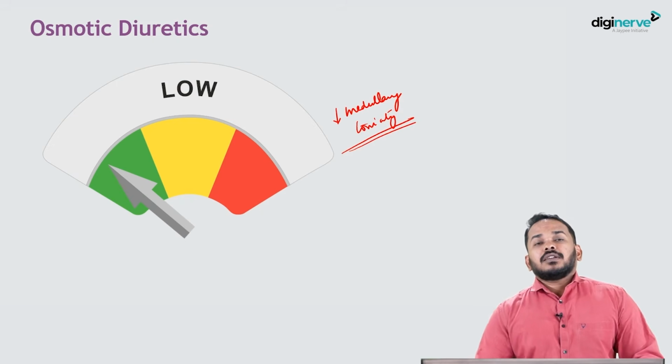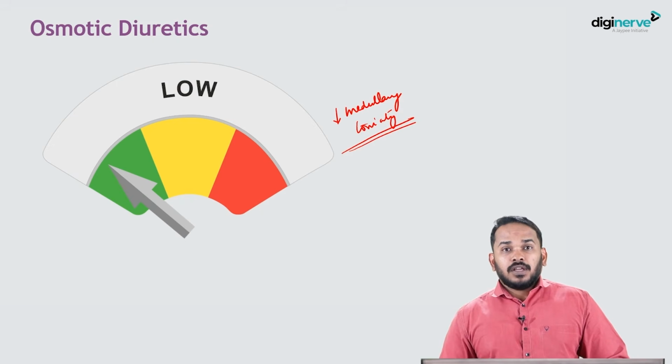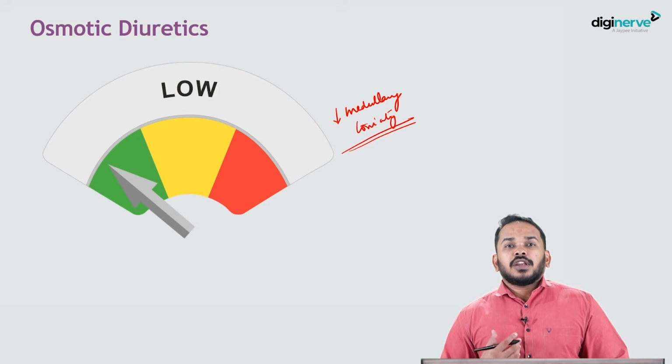If you remember, the medulla is hypertonic, and this hypertonicity is very essential for reabsorption of water and also secretion and reabsorption of electrolytes. So when renal perfusion increases, this will reduce the medullary tonicity.